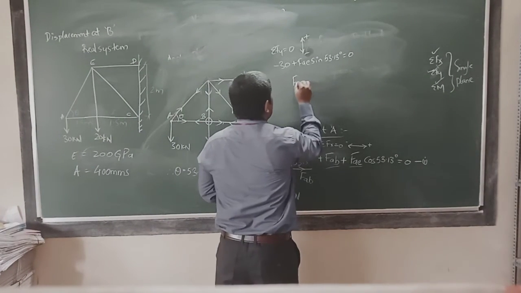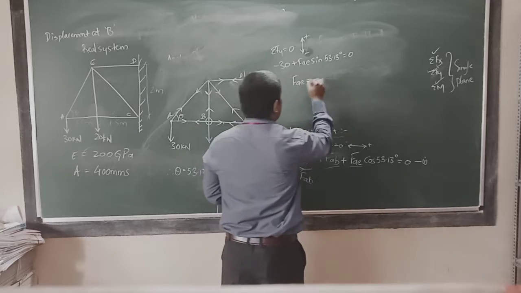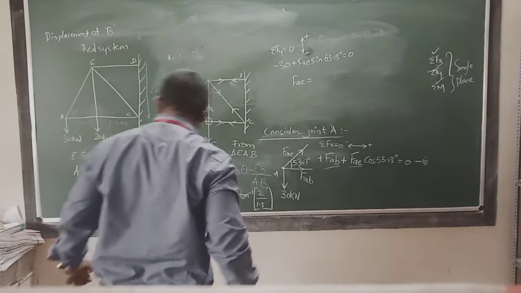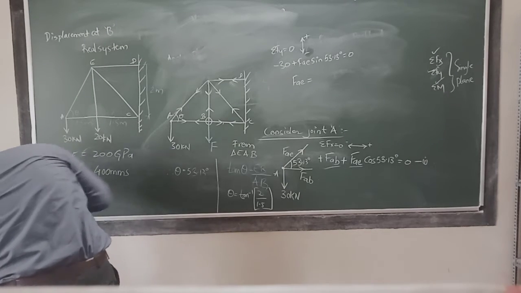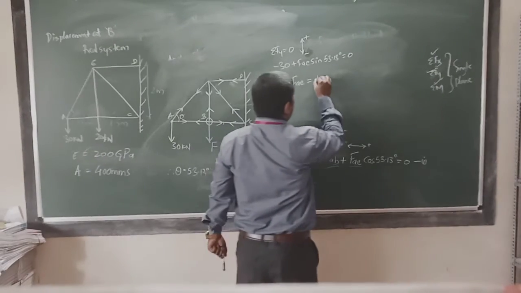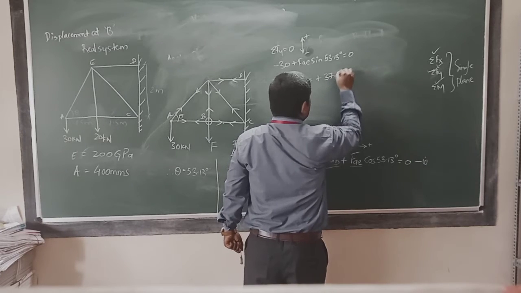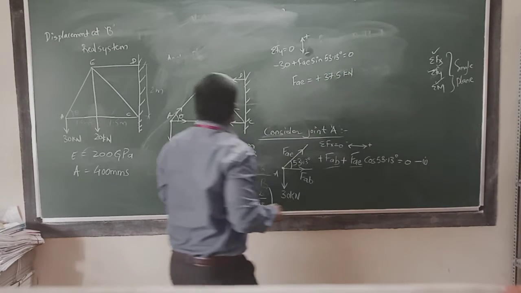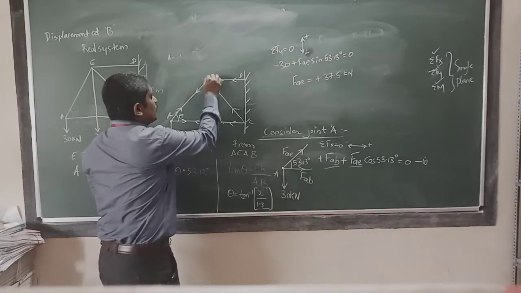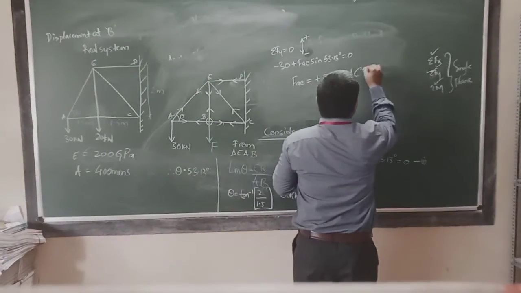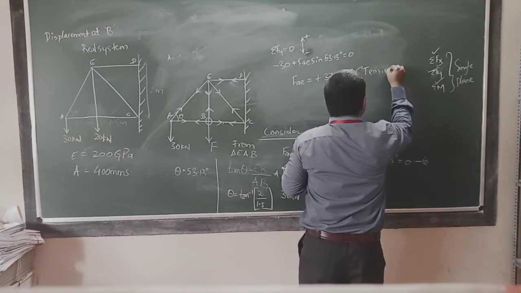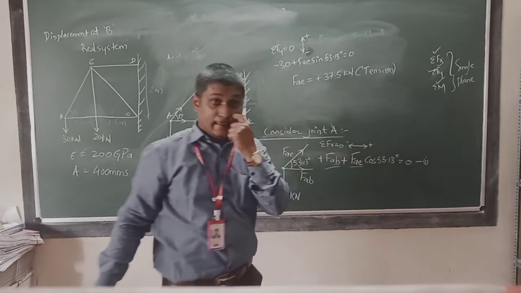You will get a value of FAE. FAE is equal to, so I will write direct answer because I already solved this. So I will get FAE is equal to plus 37.5 kilonewton. Means what? The assumption which I have done for the member AE is correct because it is in tension. Positive answer means it is in tension.